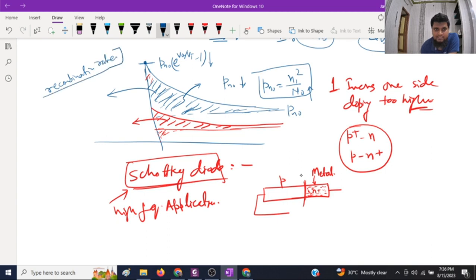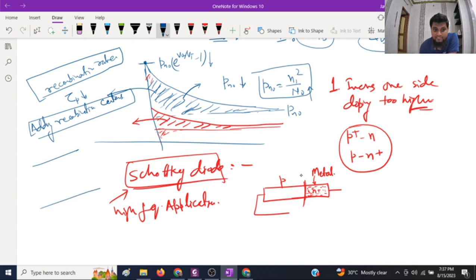So how to increase this recombination rate, or you can say how to reduce this tau p? Tau p can be reduced by adding recombination centers in the semiconductor.